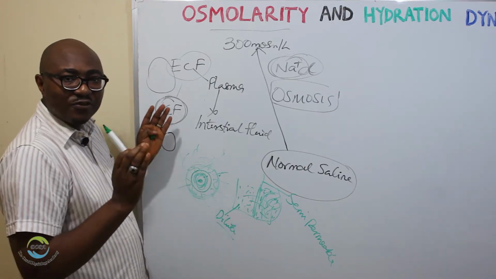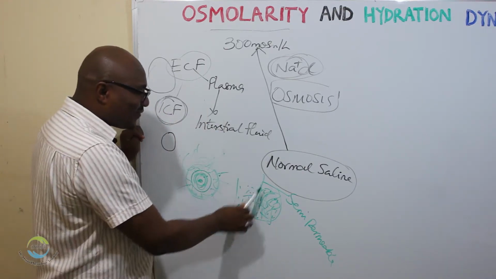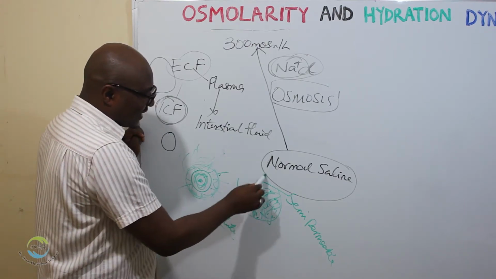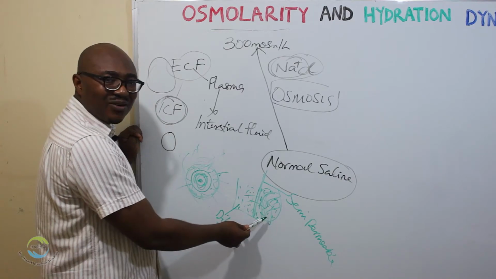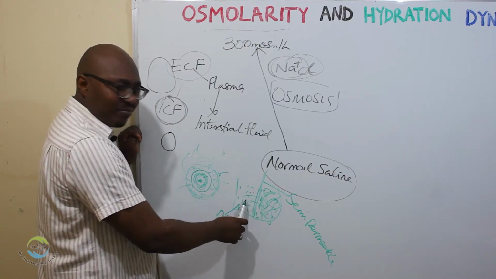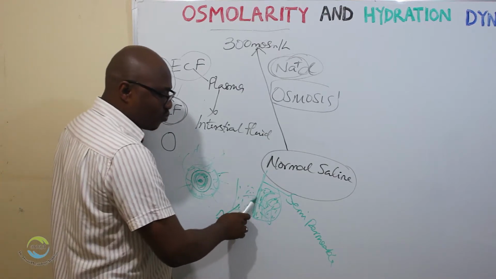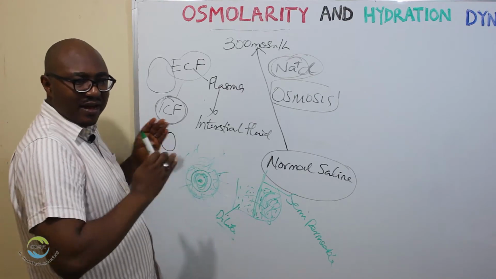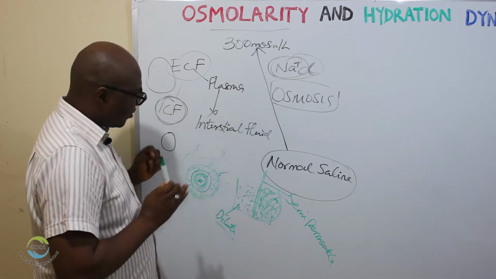It will just be diffusion. So the difference between osmosis and diffusion is usually the fact that the solute you are referring to cannot move, but water is the one that will move to meet it and then go towards equilibrium. All right.